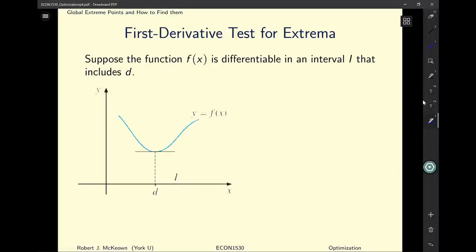Similar situation, we're trying to evaluate whether d is a minimum. Clearly looking at the graph, it is a minimum. And we can see the opposite of the previous case.